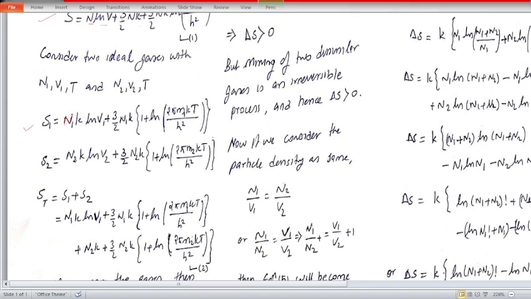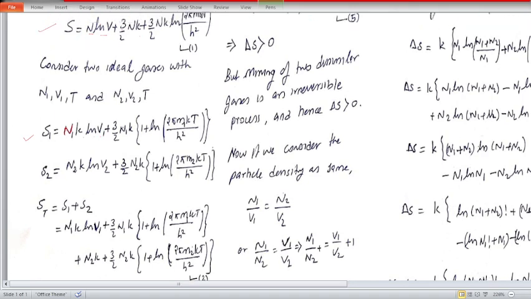You just have to substitute the number of particles, temperature and volume in the entropy equation for an ideal gas. So S1 is equal to N1k ln V1 plus 3 by 2 N1k times 1 plus ln of 2 pi mkT by h square.